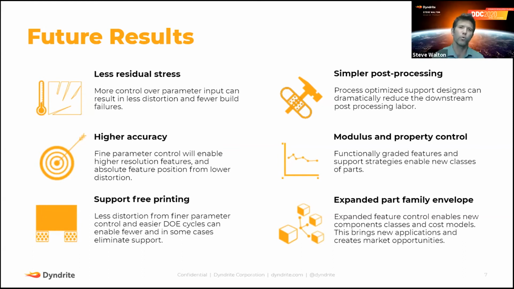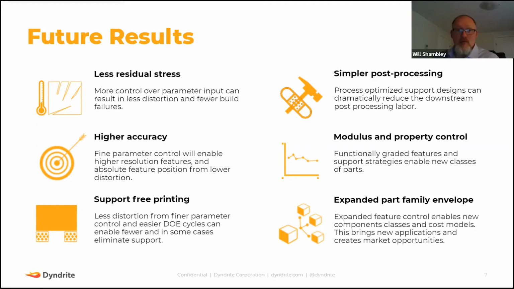Yeah, that makes sense. So what would be the very first post-processing step that you would really go after? Personally, I think being able to manage contact point size would be a very large one. But the modulus and property control is another thing, they kind of go hand in hand.